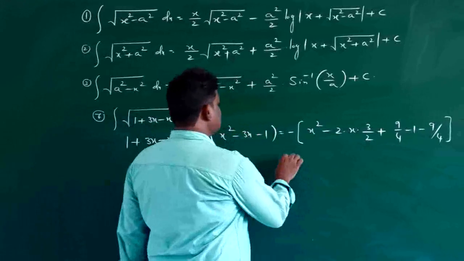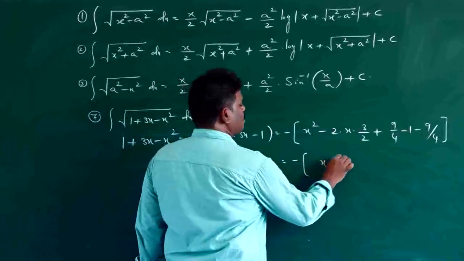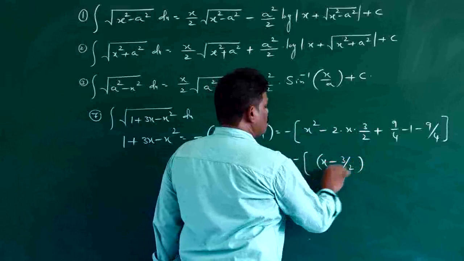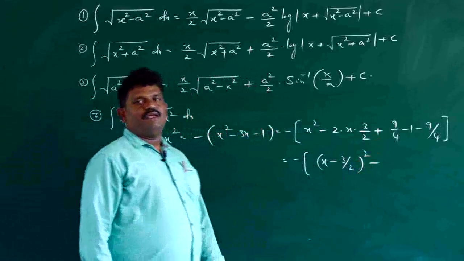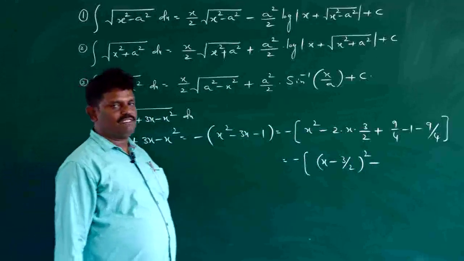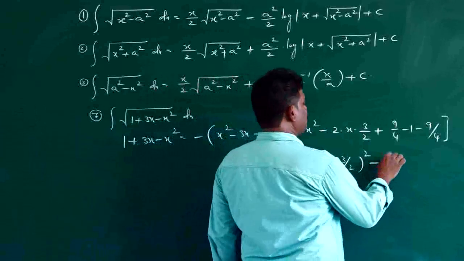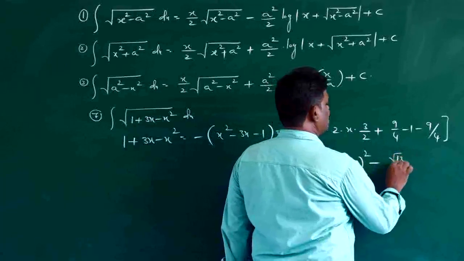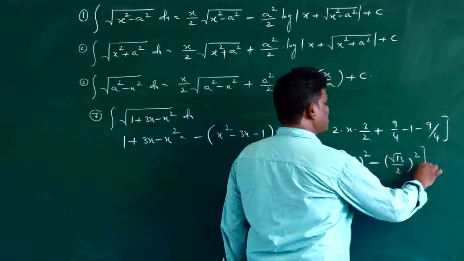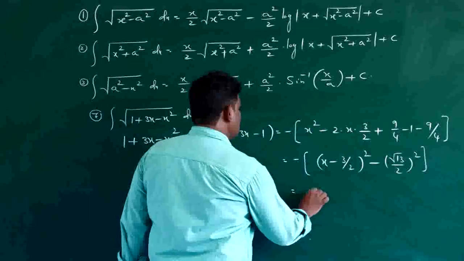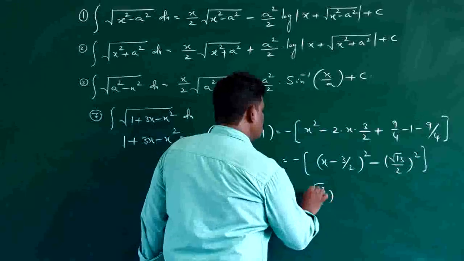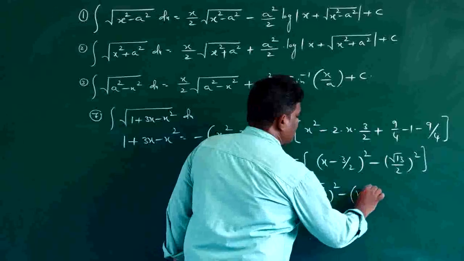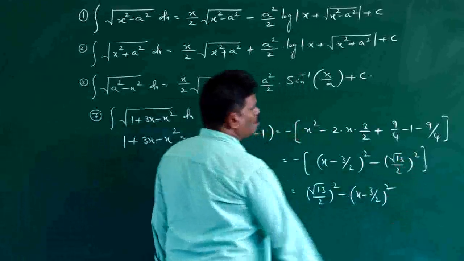The first three terms give x minus 3 by 2 whole square. Taking the LCM, minus 4 minus 9 is minus 13, so minus root 13 by 2 whole square. That is equal to root 13 by 2 whole square minus x minus 3 by 2 whole square.